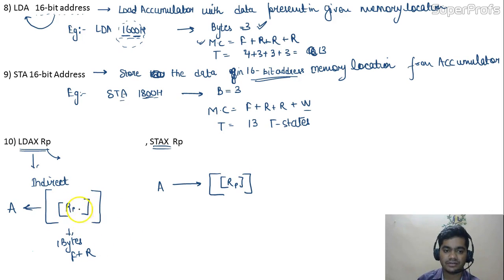So fetch plus read here, and fetch plus write for STAX, and the total T states would be 7 for both. So these are the instructions: LDA 16-bit address, STA 16-bit address, LDAX RP and STAX RP.